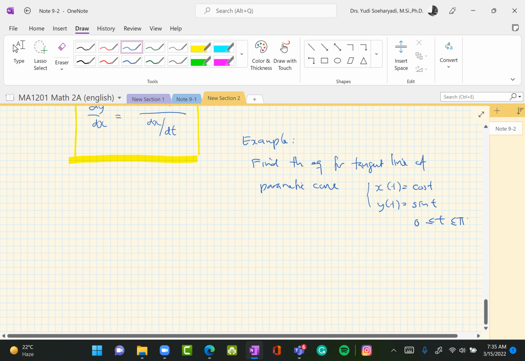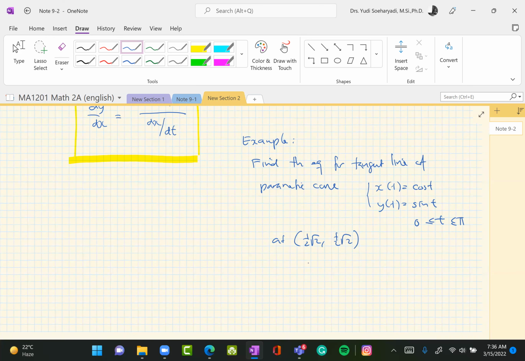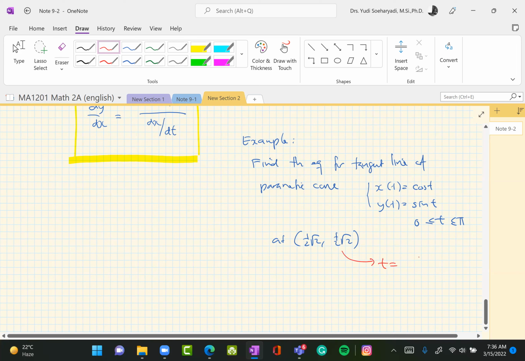Right. At, say, 1/2 square root of 2, 1/2 square root of 2. Okay, so this is t equals pi over 4.